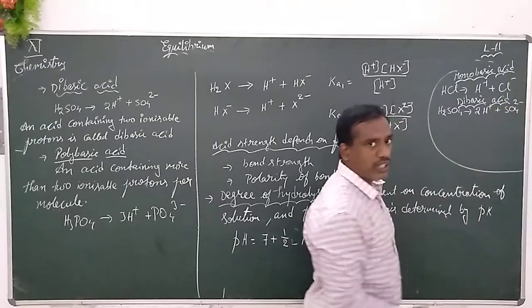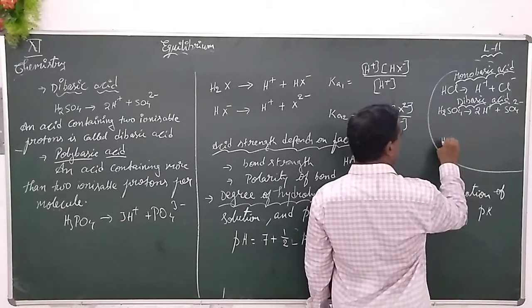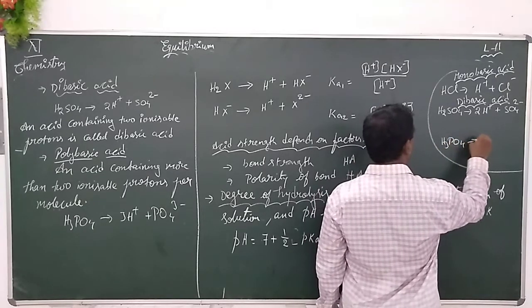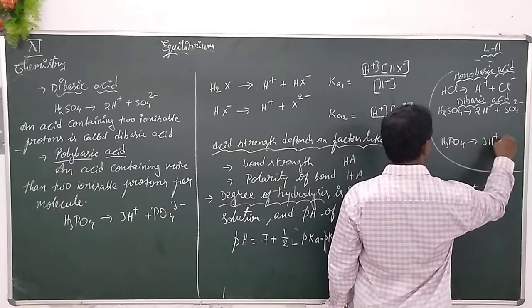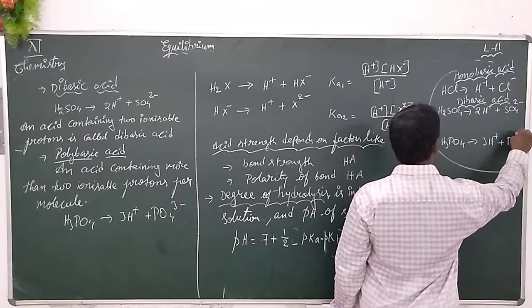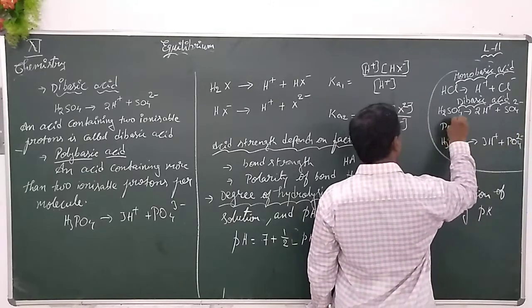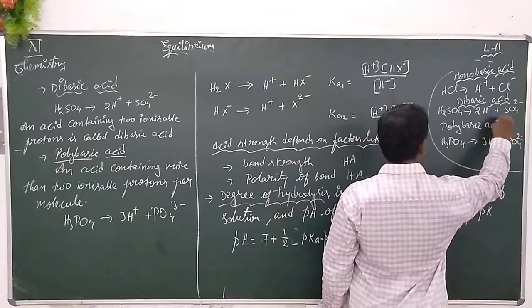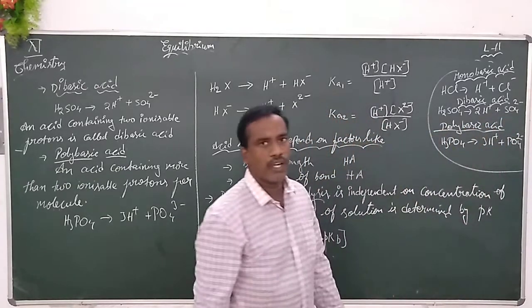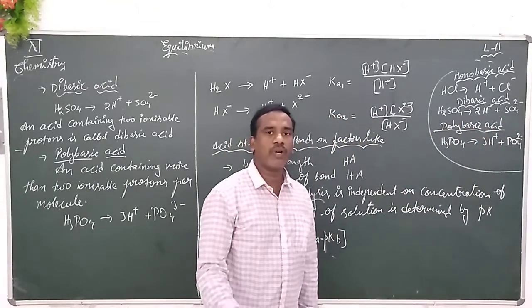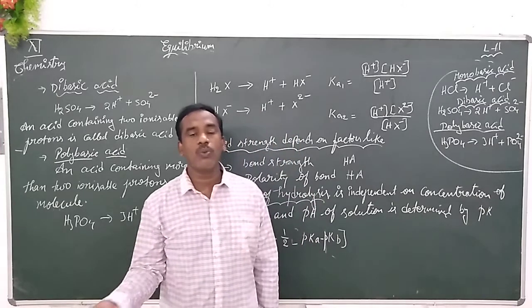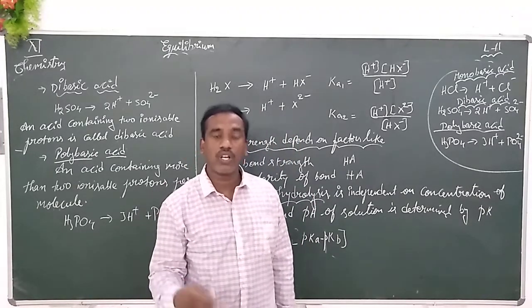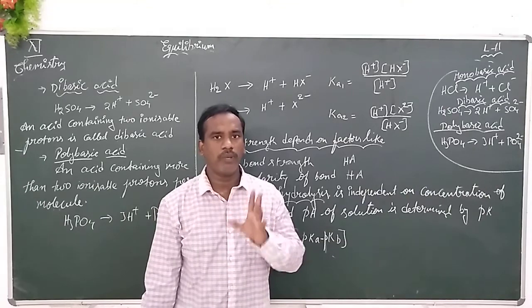But what if an acid is able to produce more H plus ions? An acid able to produce more than 2 H plus ions is called a polybasic acid. What do we call a polybasic acid? When there are more than 2 H plus ions per molecule generated on hydrolysis, it is called a polybasic acid.